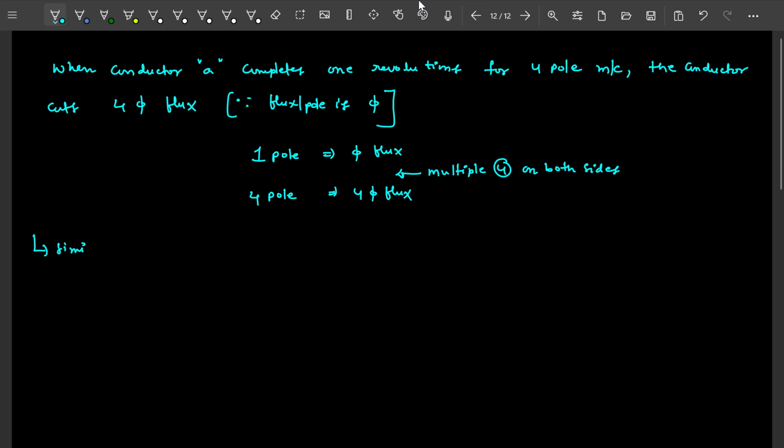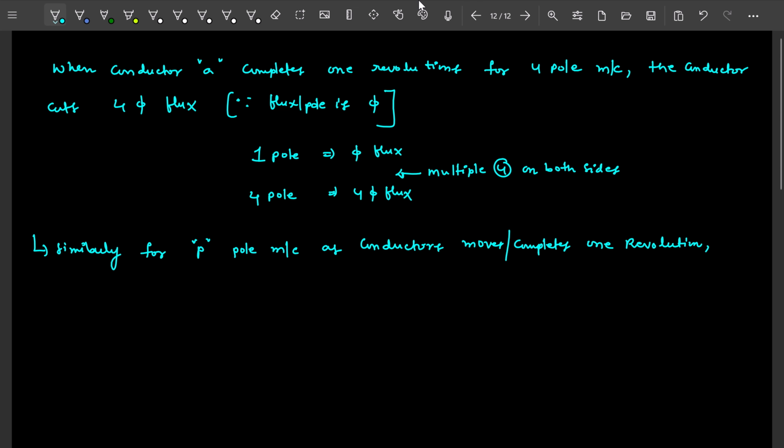Similarly, for a P-pole machine, as the conductor completes one revolution, the conductor cuts phi P flux.